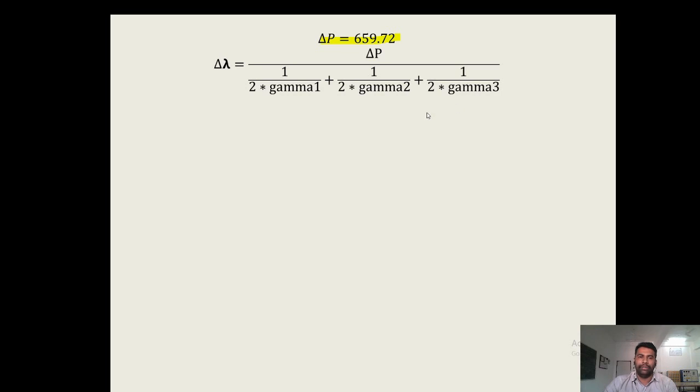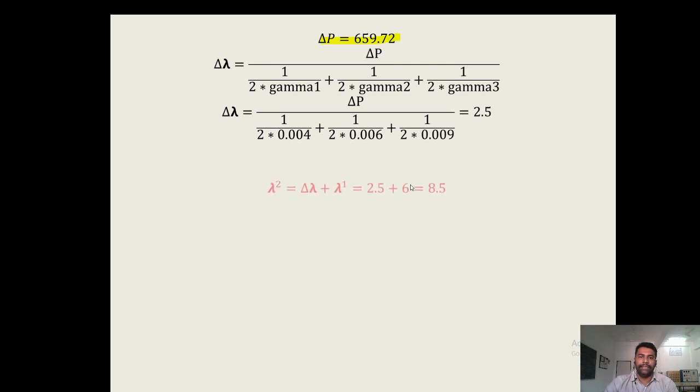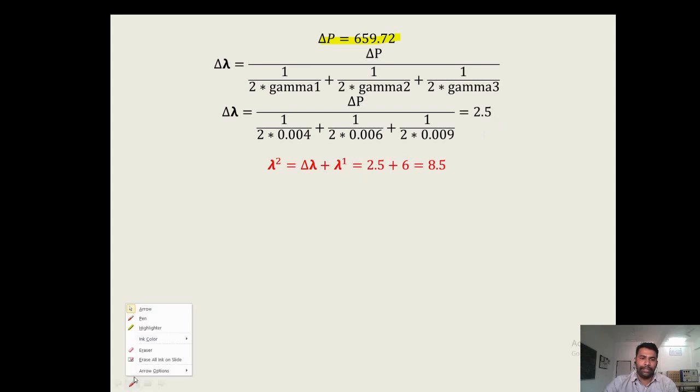Put all the values. Change in lambda is equal to 2.5. The initial lambda value was 6, so put this change in lambda in that value. So, we will get the new value of lambda for the next iteration, that is 8.5. We can call it lambda 2 for iteration 2.